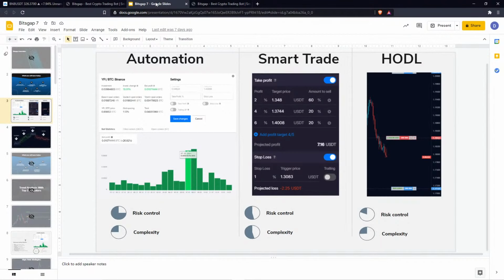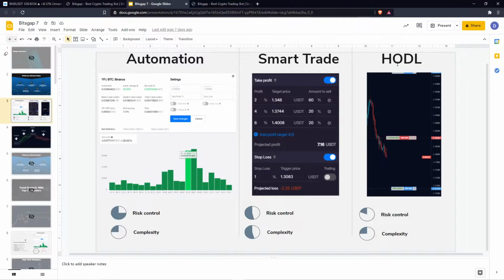So that's why my golden ratio here is 50% automation, because that's the easiest one that brings you steady daily returns. The smart trade is where you can create your golden strategies, and sometimes just by allocating 30% to the smart trade, this can outperform the automation if you are experienced enough. And that's why we allocate 30% here, and 20% goes to Hodl in this case.